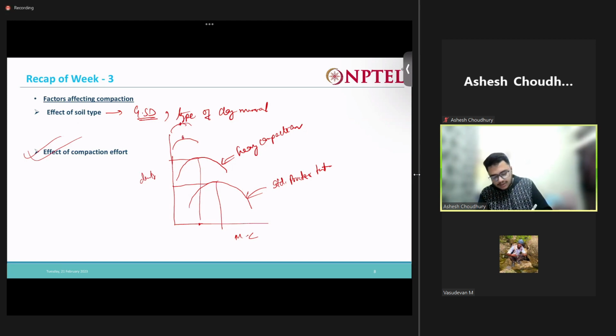These are all the optimum points. If you join all these points, this is known as the line of optimums. But however much energy you put in, you cannot touch the zero air void line. You can get very close to it, but you can never touch it.